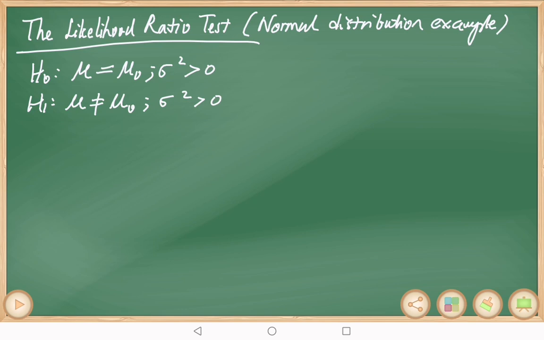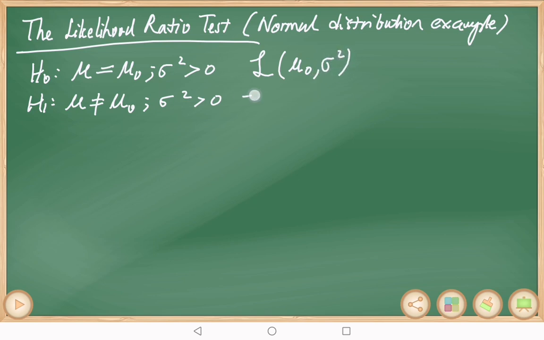So the first thing to do is to write down the likelihood of the sample under the null hypothesis. Here mu is equal to mu naught under the null hypothesis.